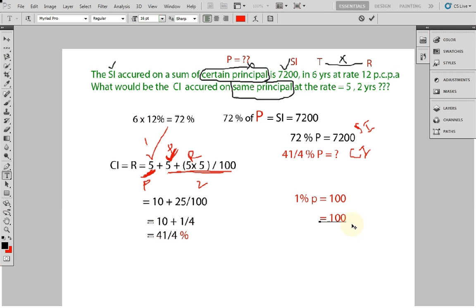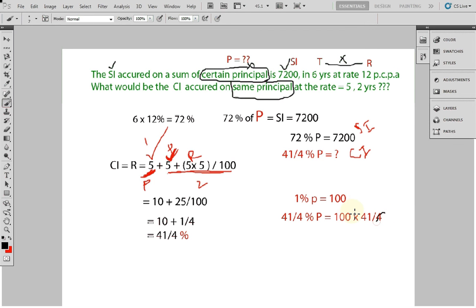Okay, I will write here also 41 by 4% of P equals to, we multiplied 41 by 4 here, so on both sides we have to multiply, no, 41 by 4 here again. That's nothing but a simple trick. You just need to understand all this.